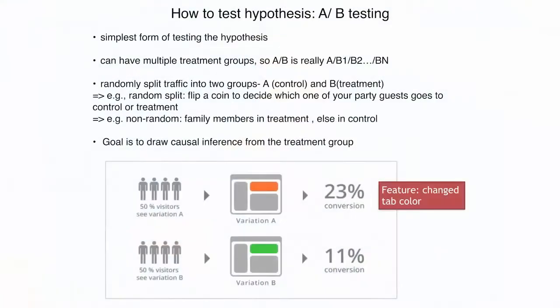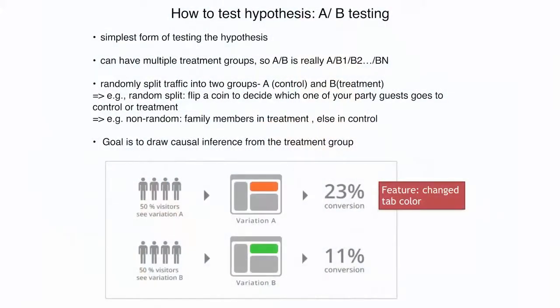The simplest way to test a hypothesis, as I was mentioning, is A/B testing. So what is A/B testing? It is by far the simplest form of testing a hypothesis. We just call it A/B, but you can have multiple groups, so it doesn't have to be just two.